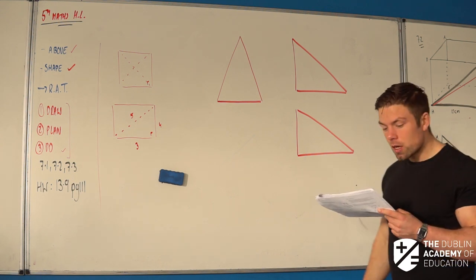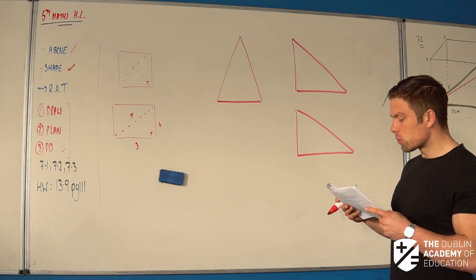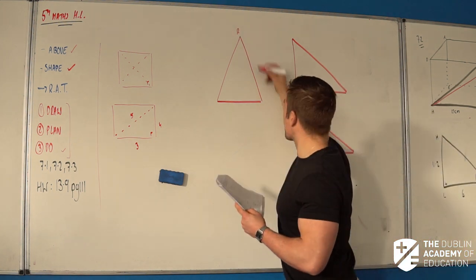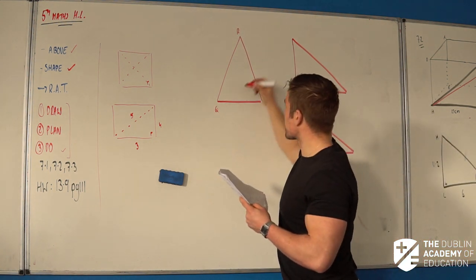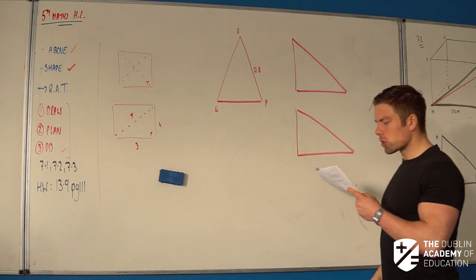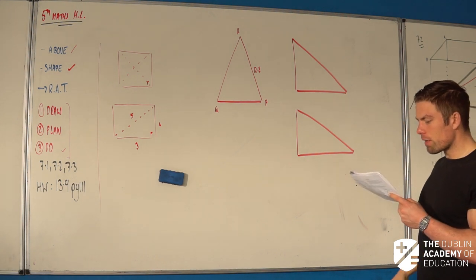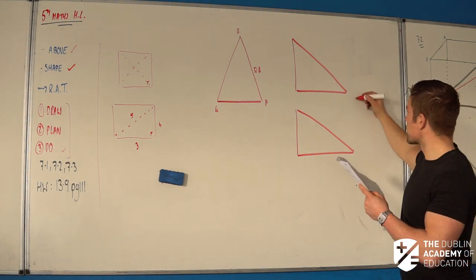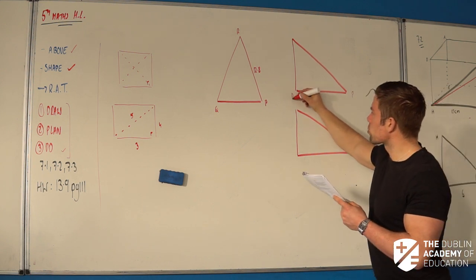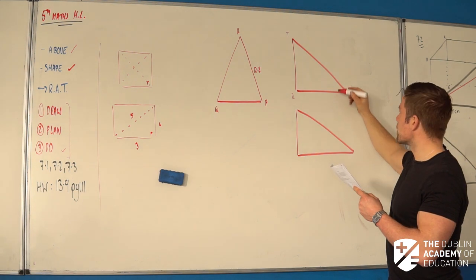So P is 12.8 meters away from OR. Okay, so we've got OR PQ, so that's 12.8. The angle of elevation of the top of the tree measured at P is 29.7. So the angle of elevation, if we call the top of the tree T, we know that this is 29.7.